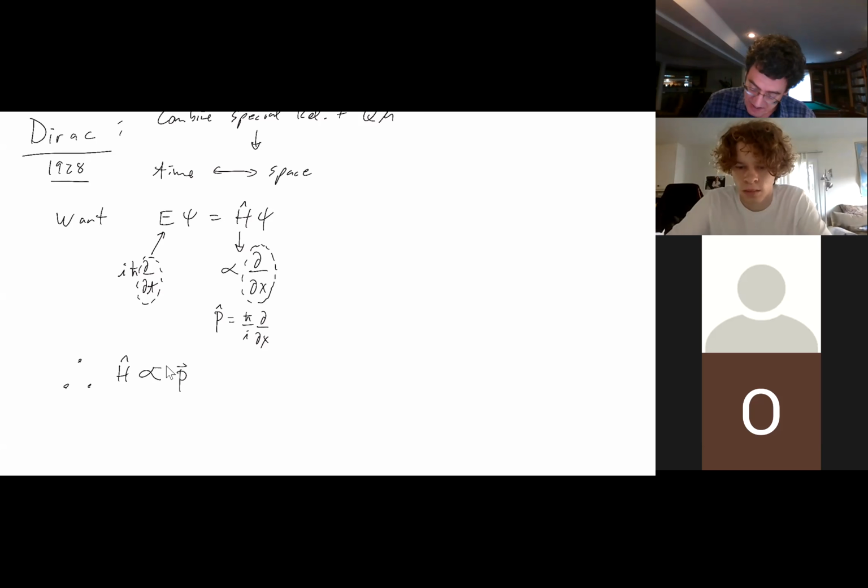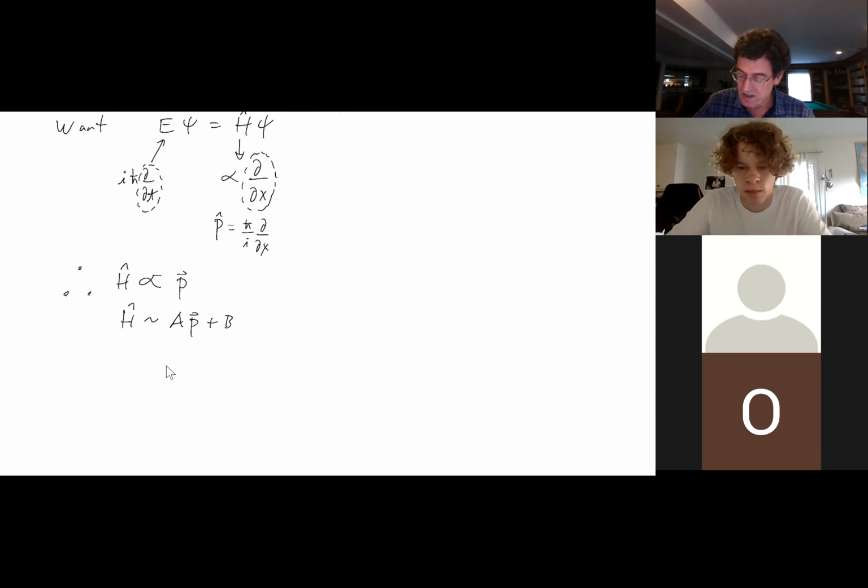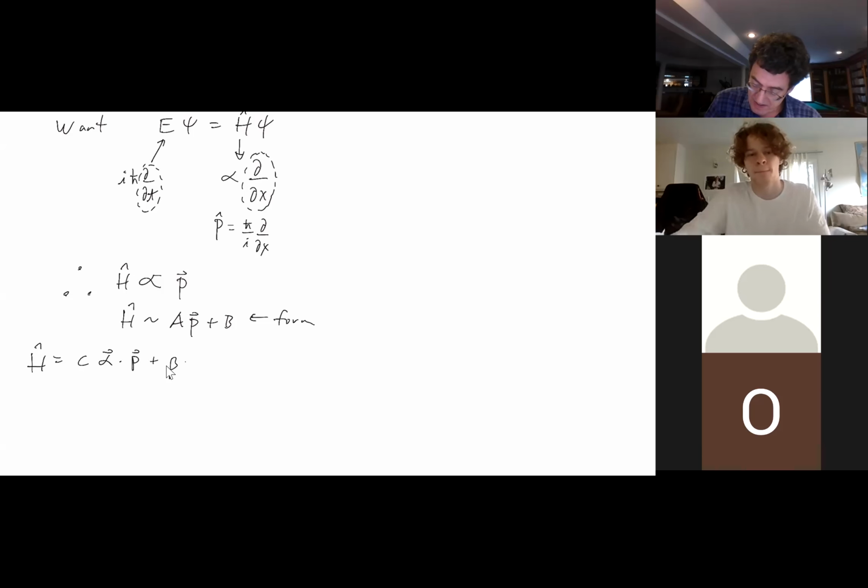And so that means that we need our Hamiltonian to be linear in momentum. It'll be like some constant times momentum plus some other constant. To get all the units correct and to make it in the most general way, what Dirac said was, let H equal c alpha dot p plus beta m c squared.